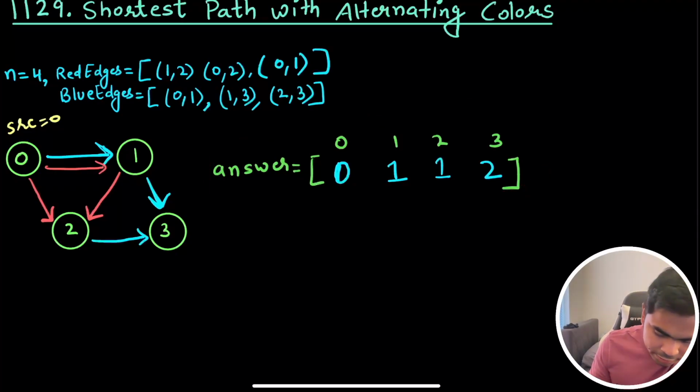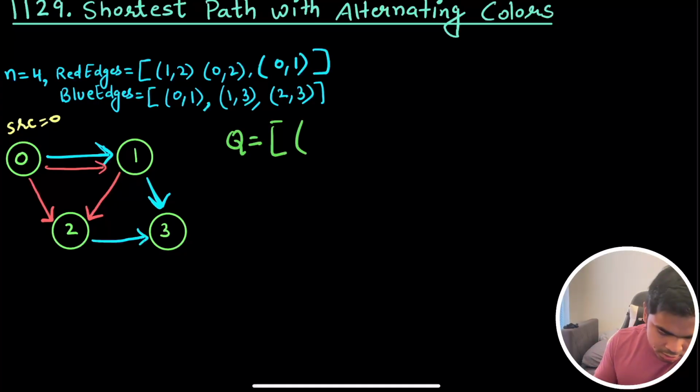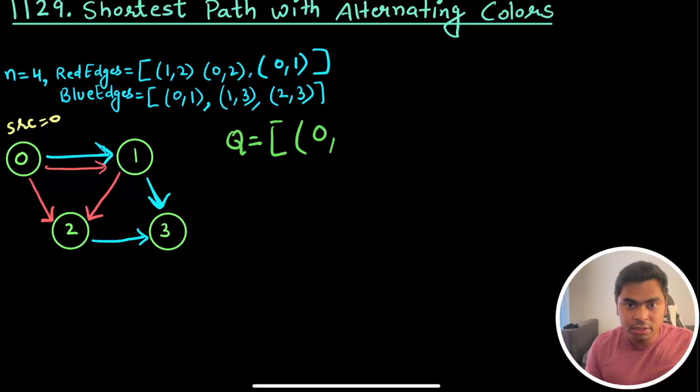Now let's get into how we are going to actually get this answer. We will use BFS to solve our problem. In BFS, we will need a queue, and this queue will initially start with our source, 0, and then the length to reach 0, that's also 0.